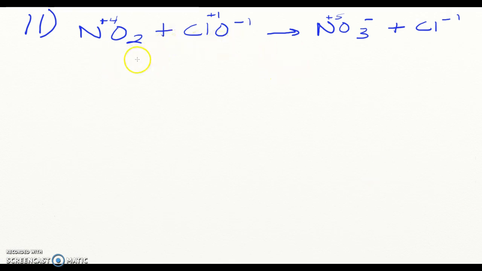Remember, it loses electrons. So NO2 is going to lose electrons, so then it shows up on the product side. So this becomes NO3 minus 1 plus, and it goes from a 4 to a 5, so that's 1 electron. Very good. Alright, so now let's move on to the next.